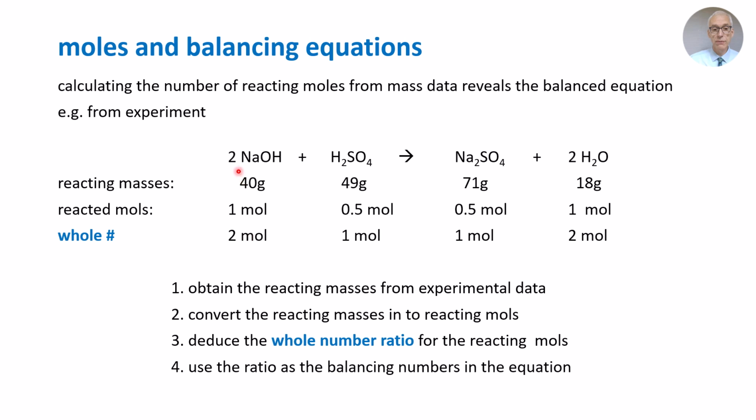So 2, 1, 1, and 2. So our reacting mole ratio appears in the equation as the balancing numbers, which you may have been taught as coefficients, but the balancing numbers reflect the reacting mole ratio, a whole number mole ratio.